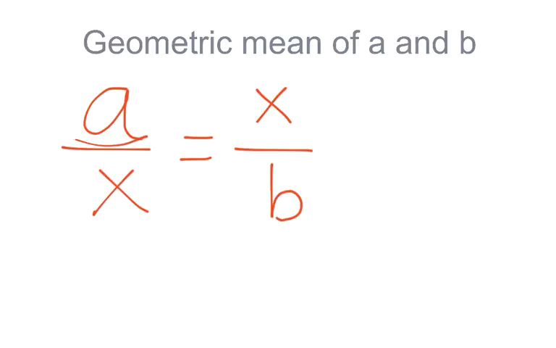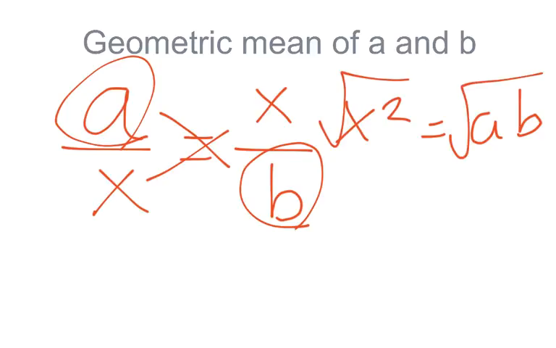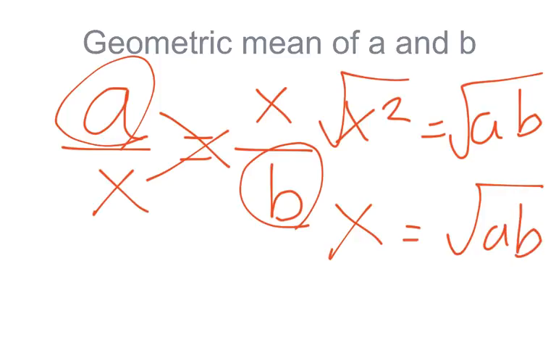So on my extremes here and here, I put A and B. So when I cross multiply, X times X is X squared equals AB. And then I had to solve for X, I had to square root both sides. Okay, and I'll get X equals the square root of AB, whatever that is. It's going to be different when we deal with numbers.